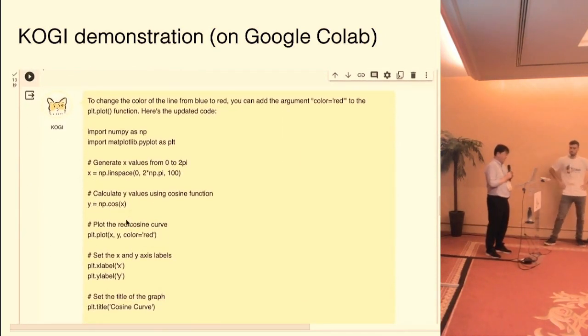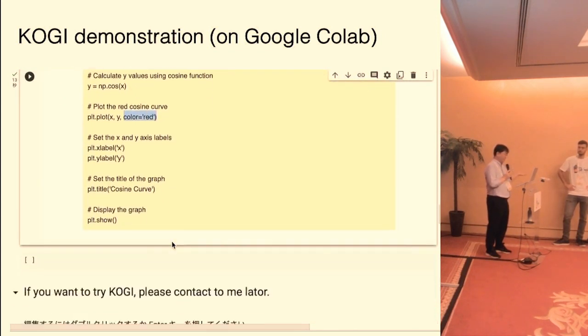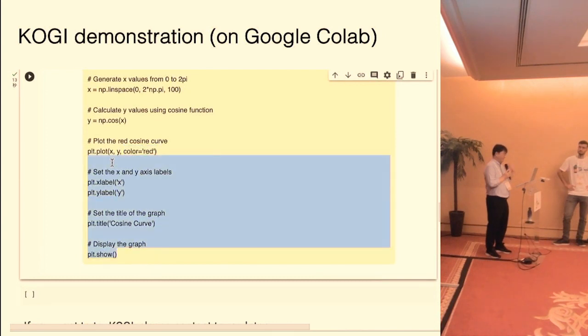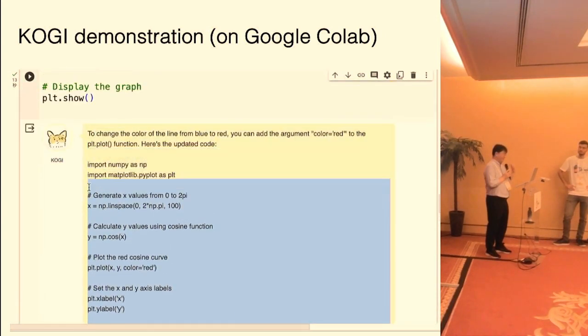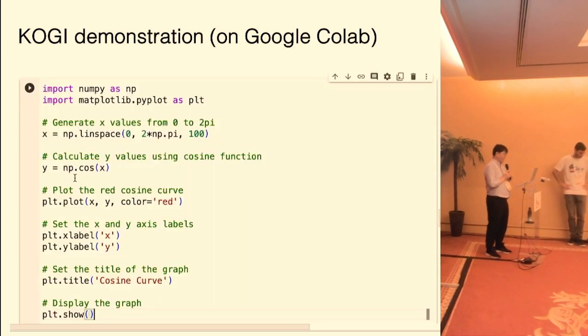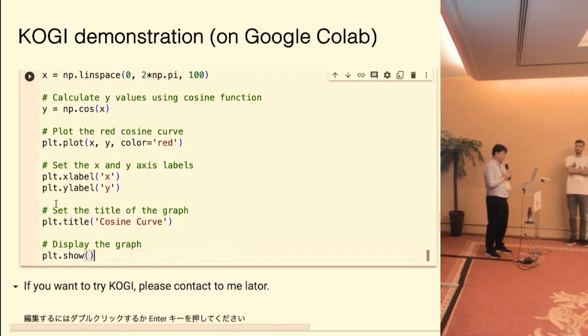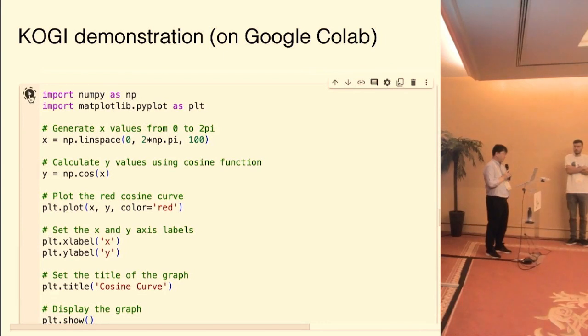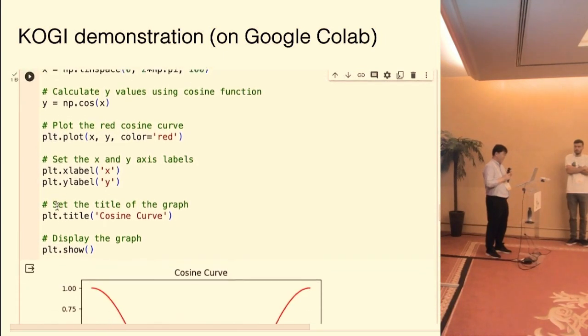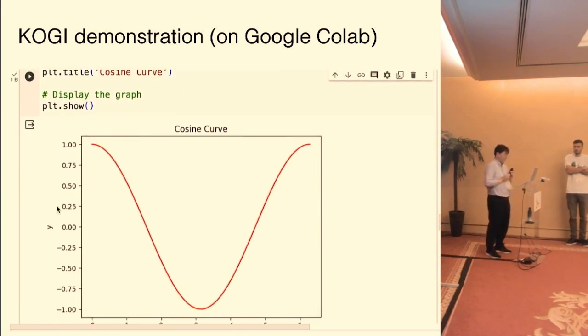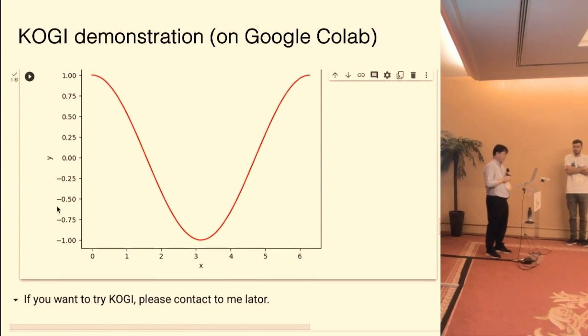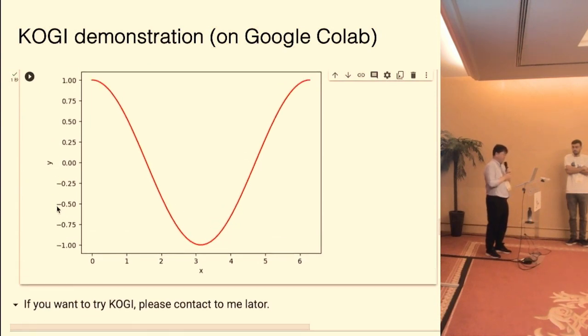Okay, you can get the advice from ChatGPT, and you can copy and paste this code and test to run it. Okay, if you want to try KOGI, please contact me later.